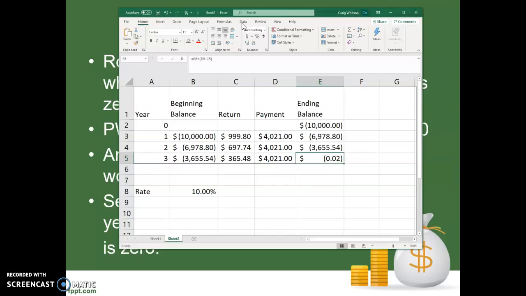Doesn't want to let me do that for all of them. Let's try just one column at a time. There we go. So this just rounds it to the nearest dollar. So it doesn't let those 2 cents distract us from the fact that the 10% rate is the rate that is going to lead this investment.